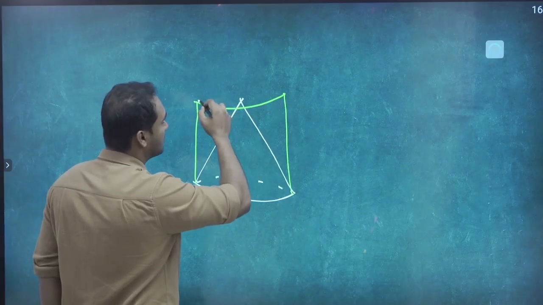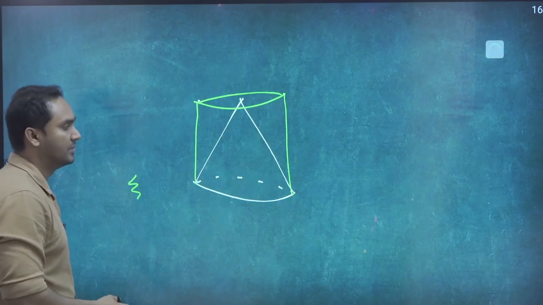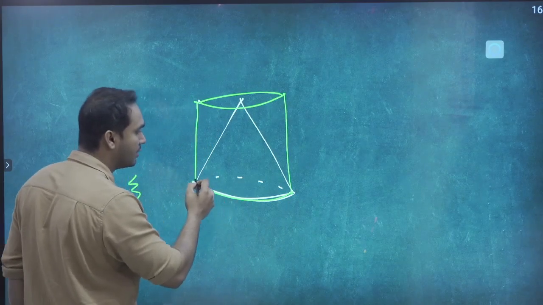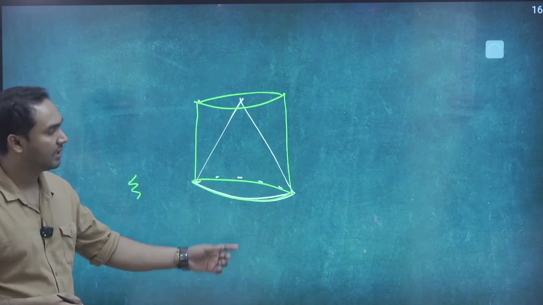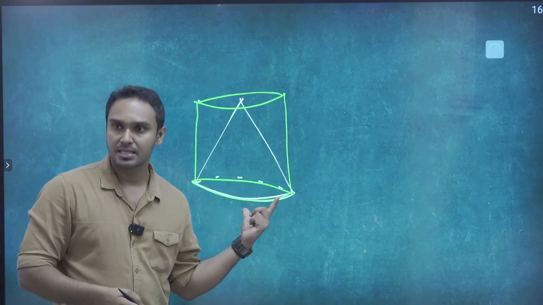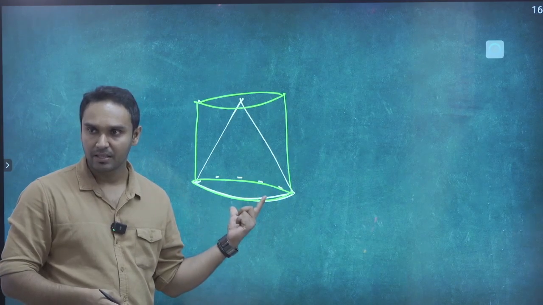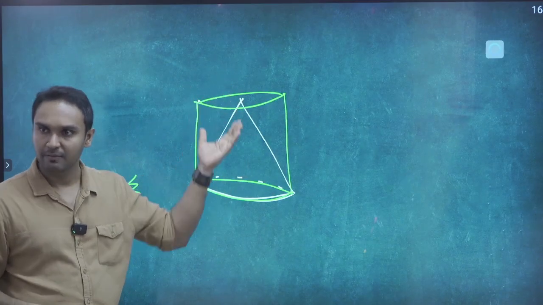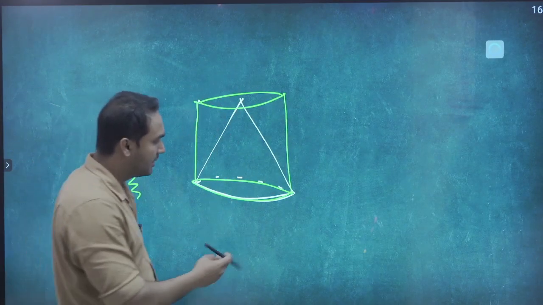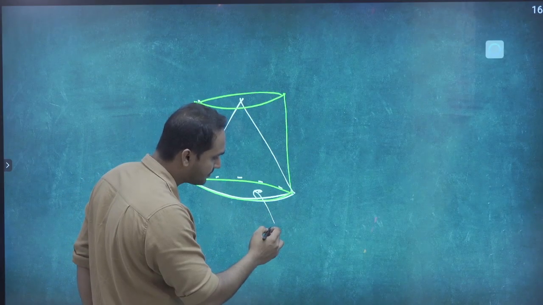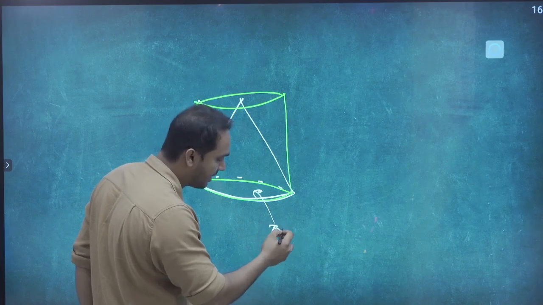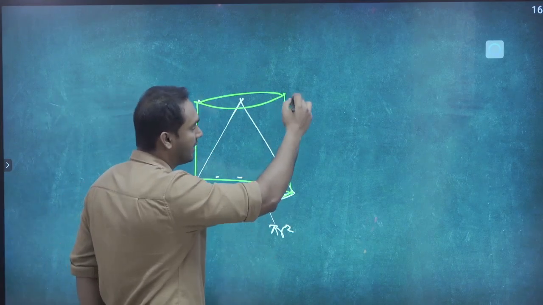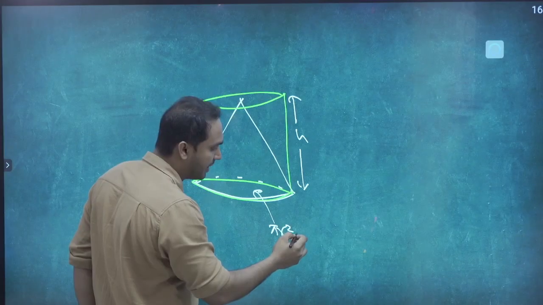Usually the volume of a uniform object will be the cross-sectional area into the height. If I am taking the volume of this cylinder, that will be the bottom area times the height, because the bottom continues to the top. The bottom is pi r square, and the height, if I take it as h, the volume will be pi r square h.